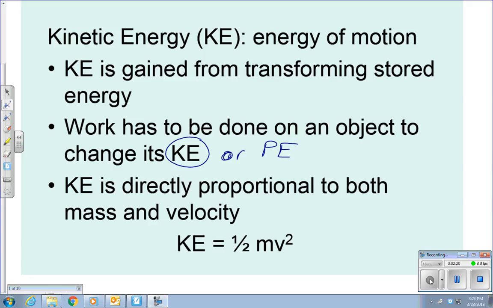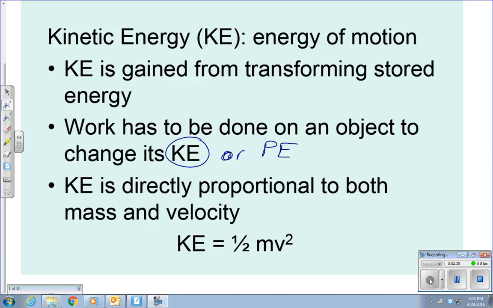Kinetic energy is directly proportional to both the mass and velocity of an object. So if it's got more mass, it's going to have more kinetic energy. If it's got more speed, it's going to have more kinetic energy.